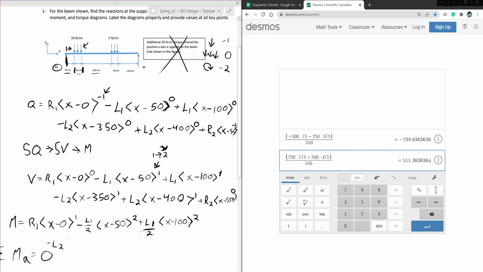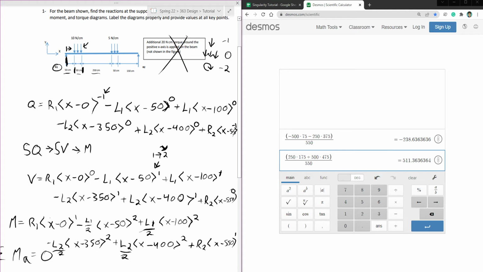Minus L2 divided by 2, X minus 350 squared plus L2 x minus 400. Forgot to do the divided by 2 again. And finally, R2 x minus 550 to the first. Kind of fit it that time.